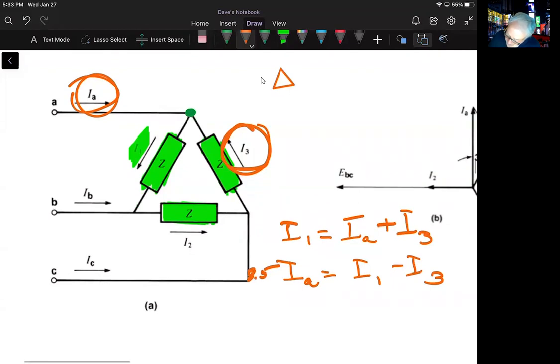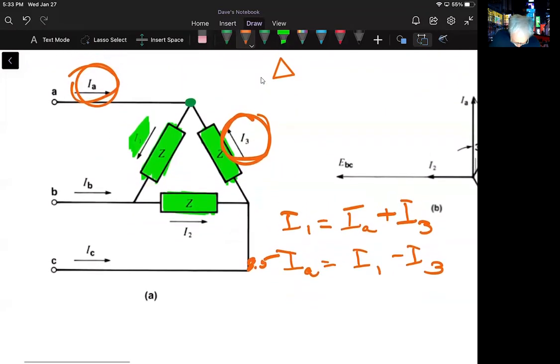He does that two other times with IB. Again, if I looked at IB here and picked a particular node, I could say the sum of the currents entering the node equals the sum of the currents exiting the node. I'm going to start with I2 exiting the node. I1 and IB are entering the node.